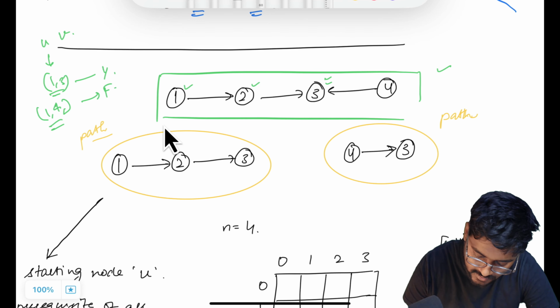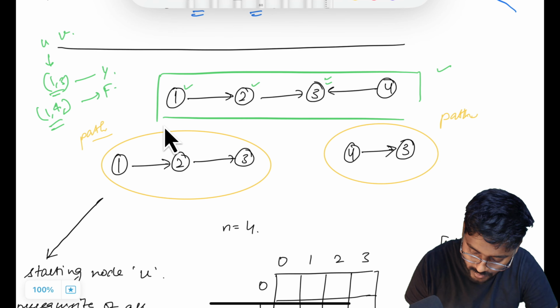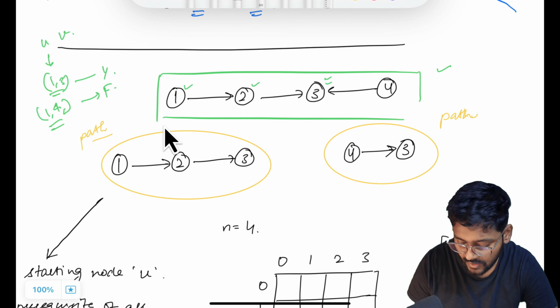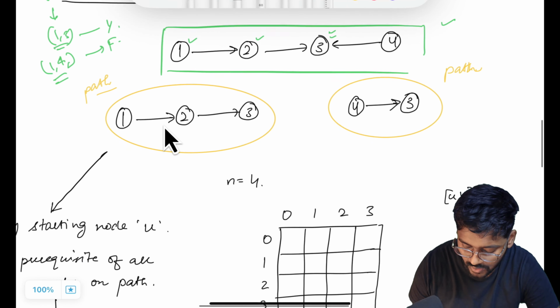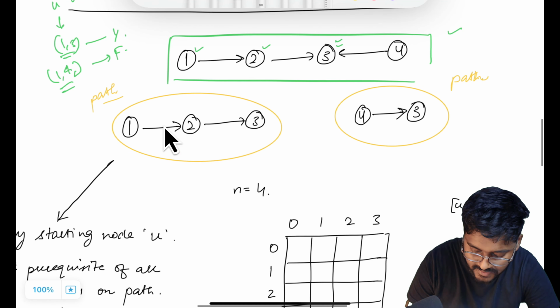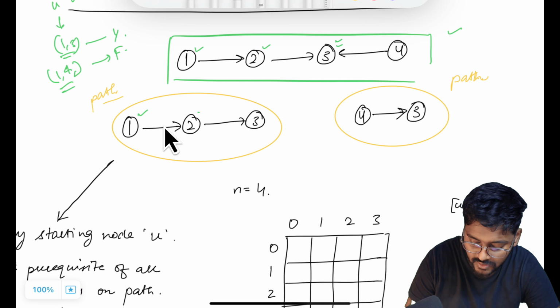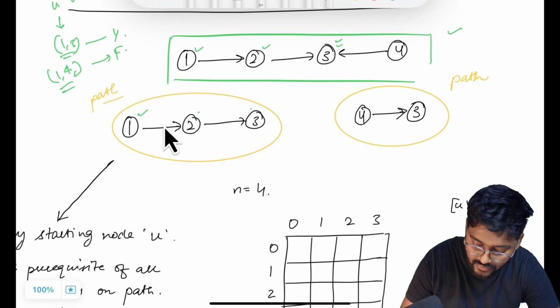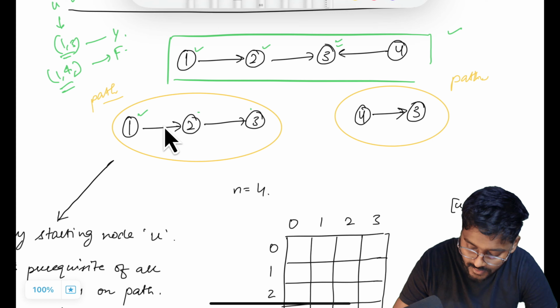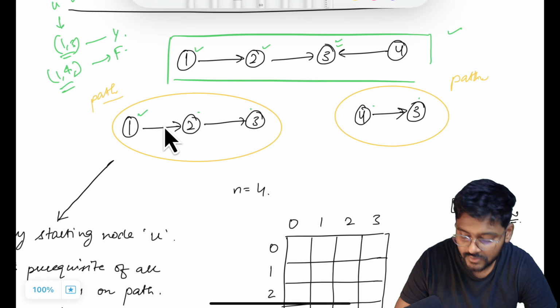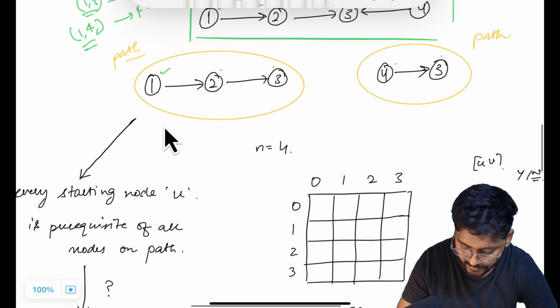If I break this down, it breaks into these two paths. Only these two paths we have in this graph, 1, 2, 3 and 4, 3. From these two paths we can say that 1 is a prerequisite of 2, 2 is a prerequisite of 3, so 1 is a prerequisite of 3 as well. Here 4 is a prerequisite of 3. These are the paths.